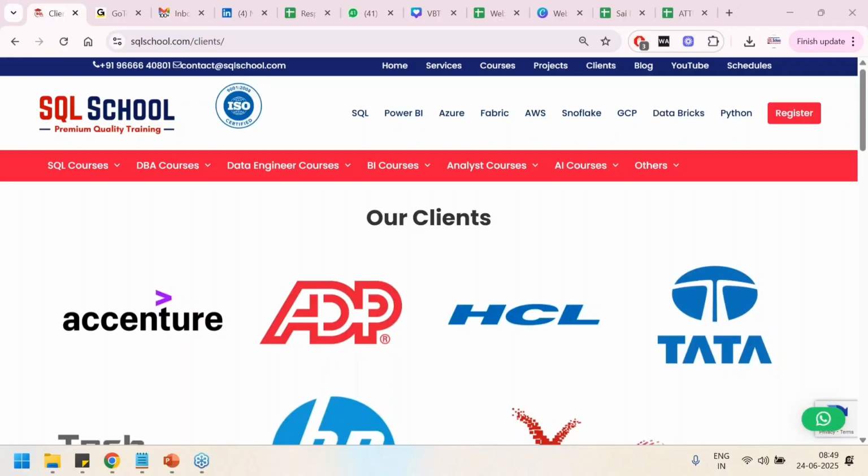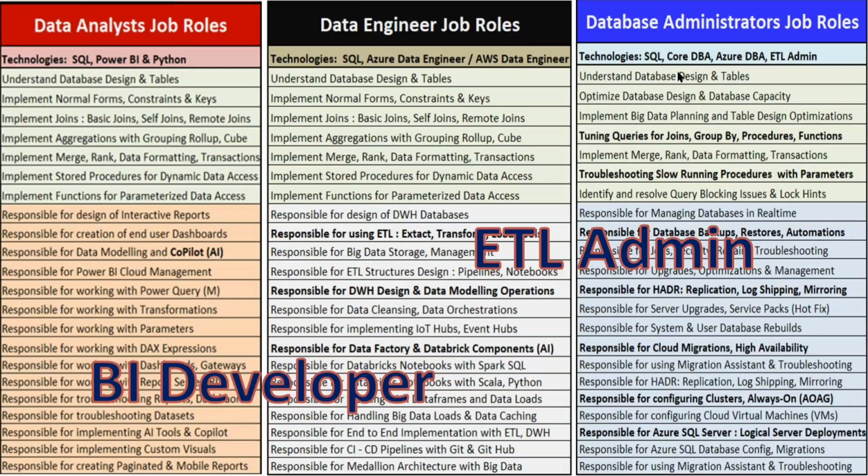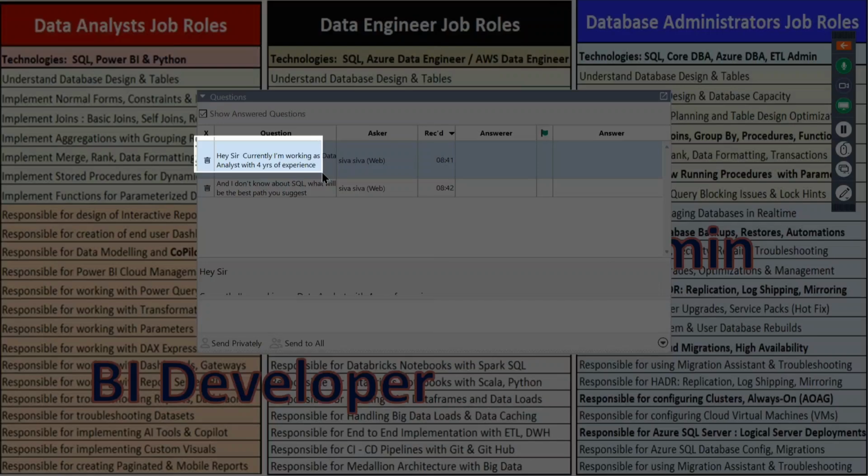Let me read it for everyone. It may be helping some other folks online. It says, hi sir, currently I'm working as a data analyst with 4 years of experience, and I don't know about SQL. What is the best path you suggest? You are experienced, and you are new to SQL.